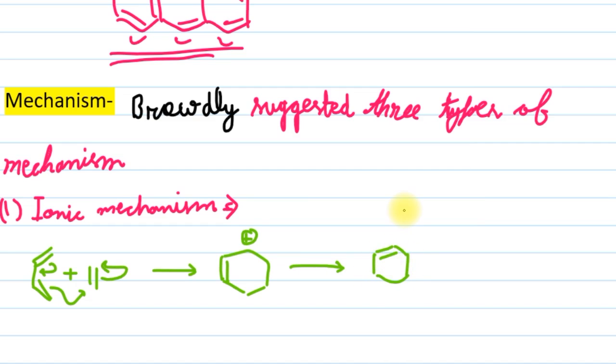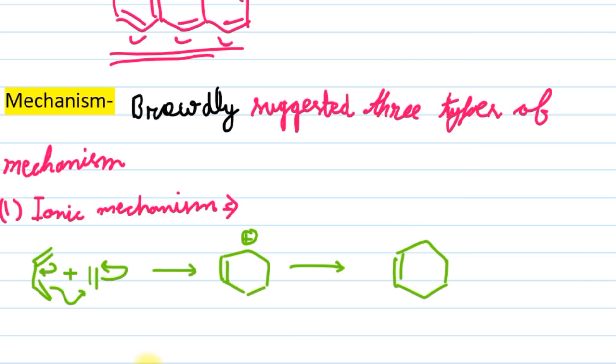This is the first type of mechanism. The double bond is present like this, and this is a cyclohexene molecule which is formed by the ionic mechanism of the Diels-Alder reaction.